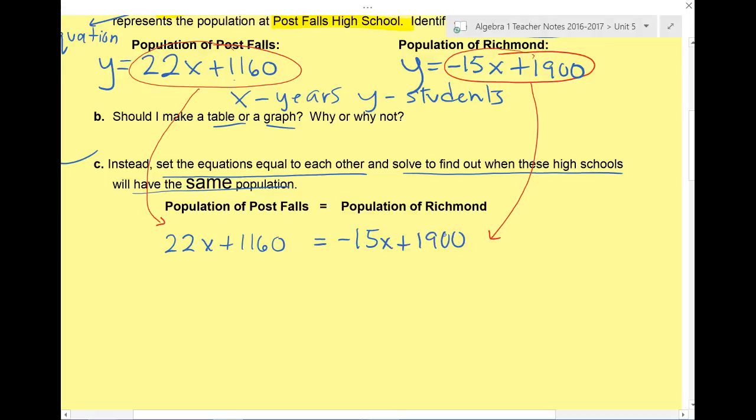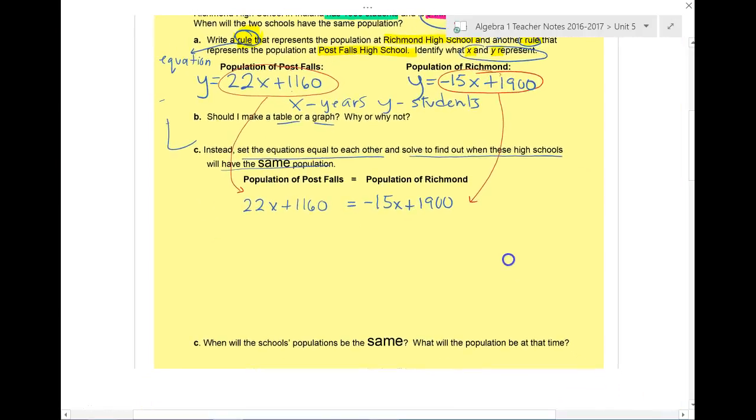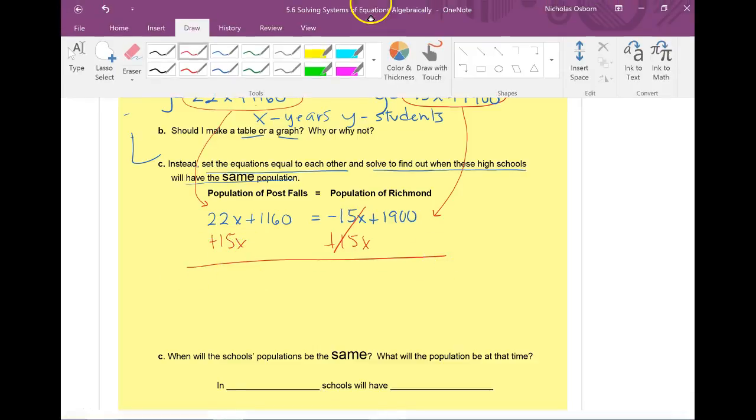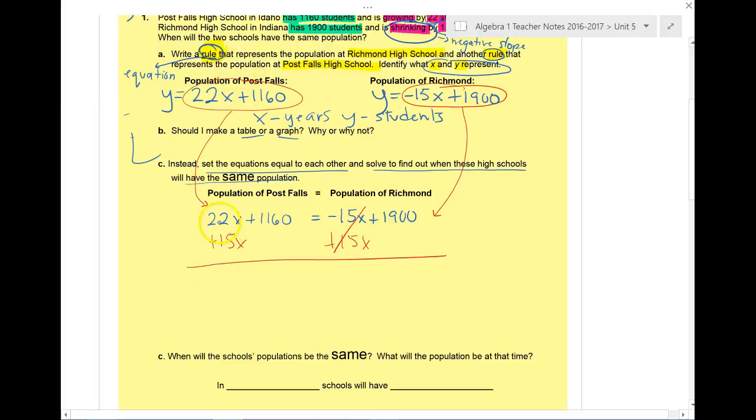Now we're going to solve for x. I want x to be on the left, so first I'm going to add 15x, which cancels out here, and add 15x here. Now we have 37x plus 1,160 equals 1,900.